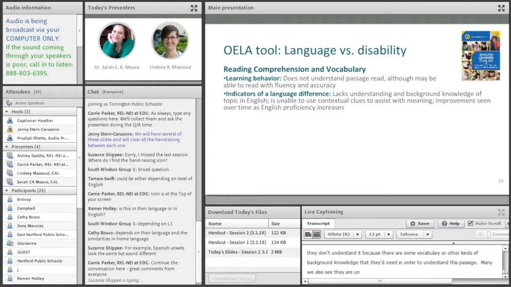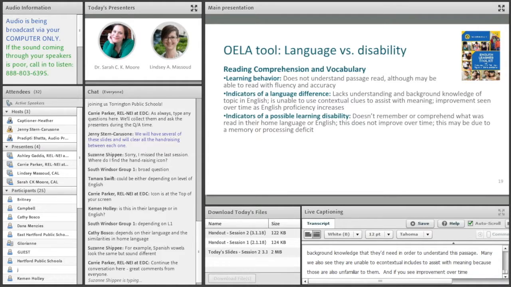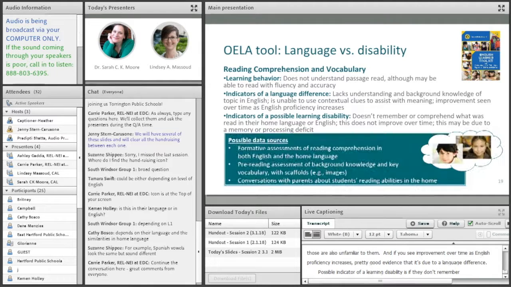Maybe we also see they're unable to use contextual clues to assist with meaning because those are also unfamiliar to them. And if you see improvement over time as English proficiency increases, then it's pretty good evidence that it's due to a language difference. A possible indicator of a learning disability is if they don't remember or comprehend what was read in either language, their home language or English, and you don't see improvement over time.